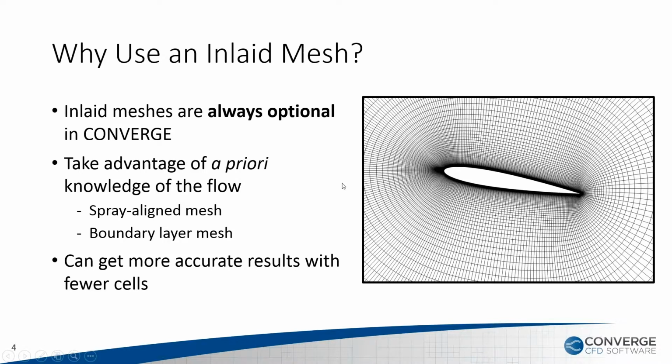Then you could cluster the cells near the airfoil by creating an inlaid mesh. In general, it is possible to get more accurate results using an inlaid mesh with fewer cells compared to achieving the same results using an equivalent Cartesian mesh.